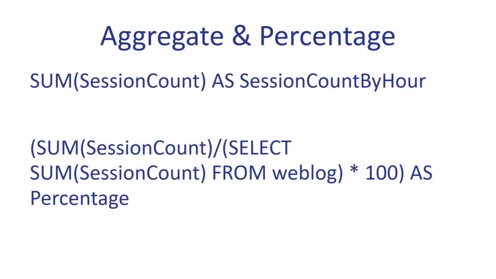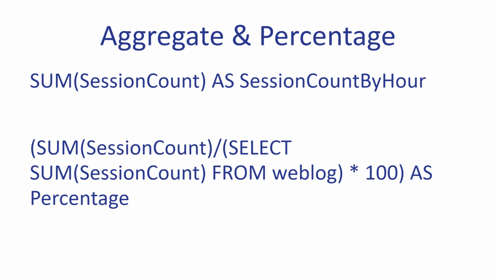This section sums up all sessions per hour and then divides by the total number of sessions across the day to calculate each hour's traffic share in percentage. So that's why we have written sum of session count as session count by hour.